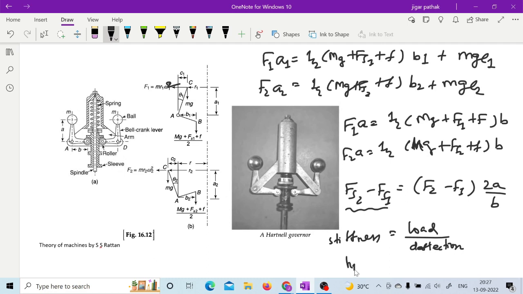So stiffness into deflection, h1 into s, can then be written as 2a by b into f2 minus f1, right? So this is how you have this relation in case of Hartnell Governor.